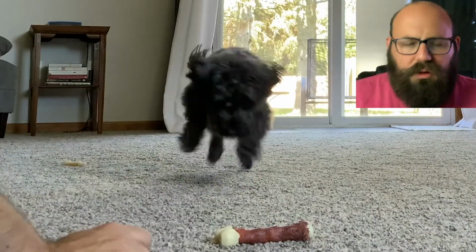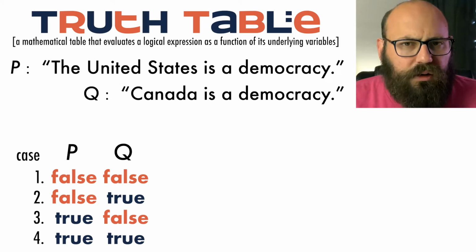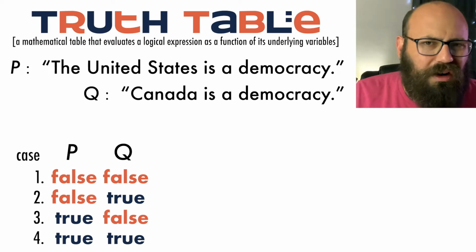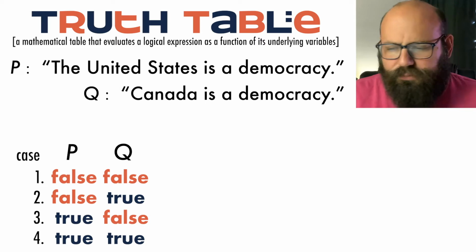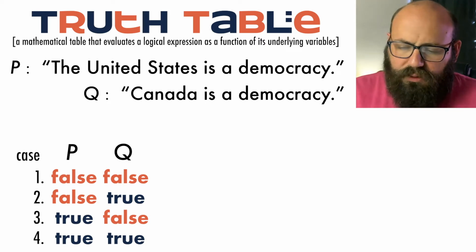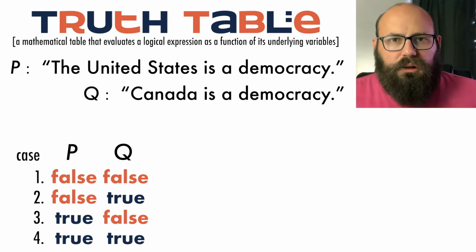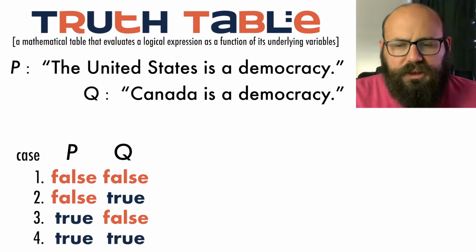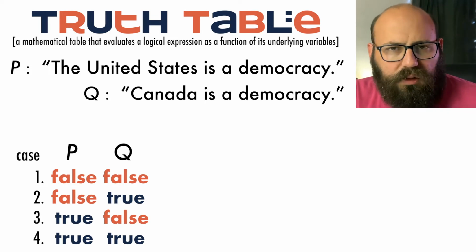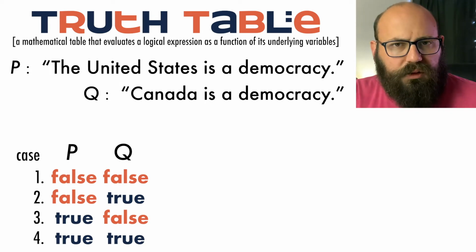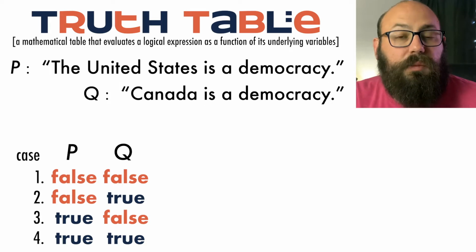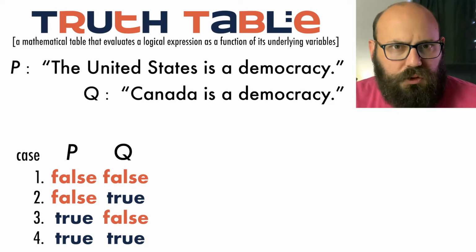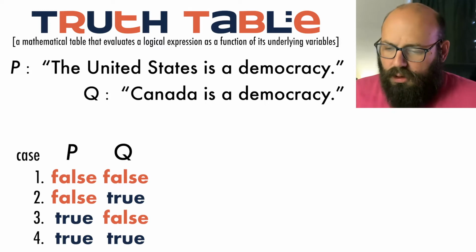So, we're not going to use this for very complicated arguments, but for P and Q and R, we can keep track of that. All right? So we've got these 4 cases, and I'm going to link these constituent statements. The United States is a democracy and Canada is a democracy. I'm going to link those 2 statements together to make a new statement, which is something that's true or false, but not both.